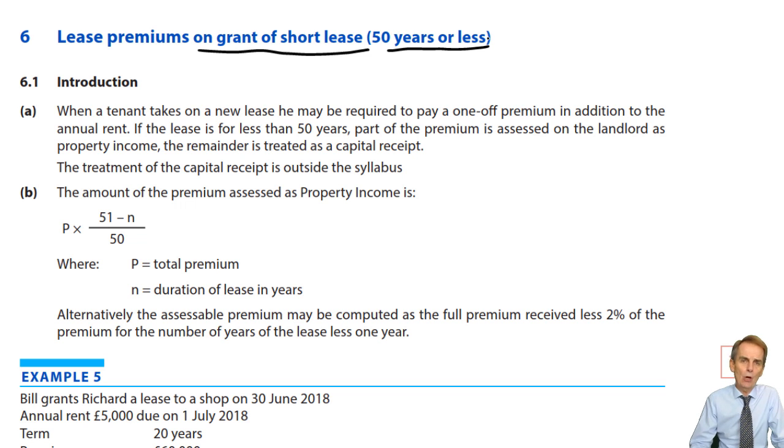But where the lessor grants a short lease, 50 years or less, so still pretty long, to a lessee, then other than just having within the lease agreement the terms of the rental payments that will be made to them over the period of the lease and on what regular basis rent reviews may take place, what may also be within that lease agreement is, at the very beginning of it, a one-off payment made by the lessee to the lessor, and this is known as a lease premium.